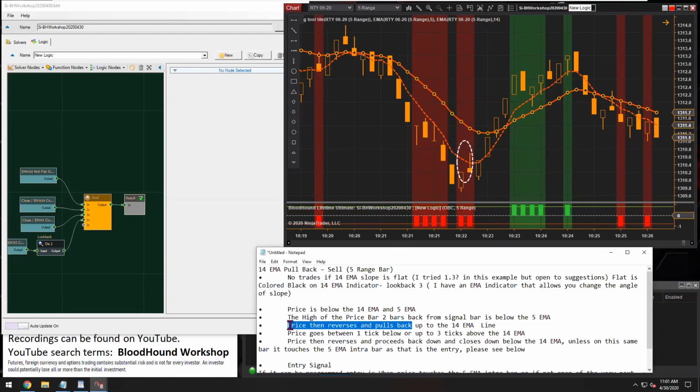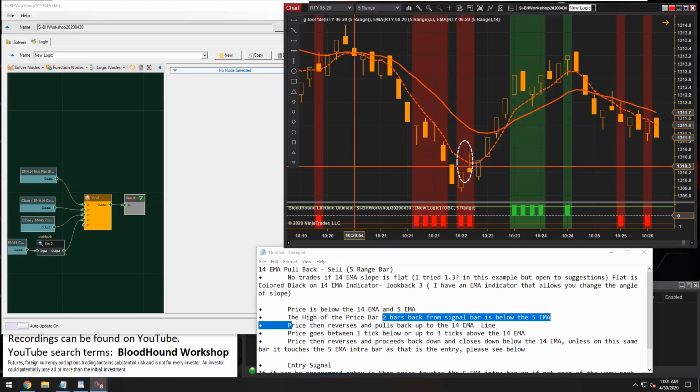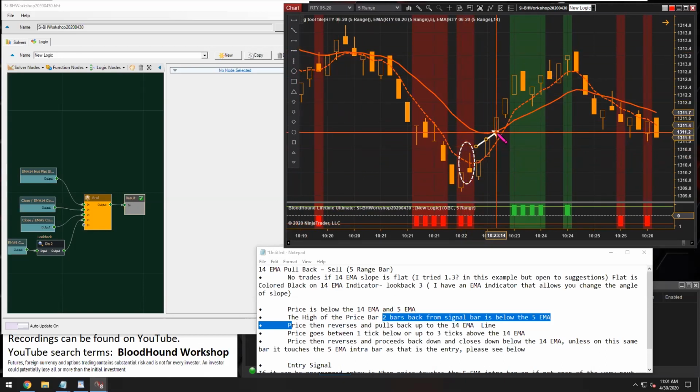So we'll have to come back to this, because what we need to do is take this signaled output and extend it forward a couple of bars so that price can move up to our EMA to get that possible bounce set up.